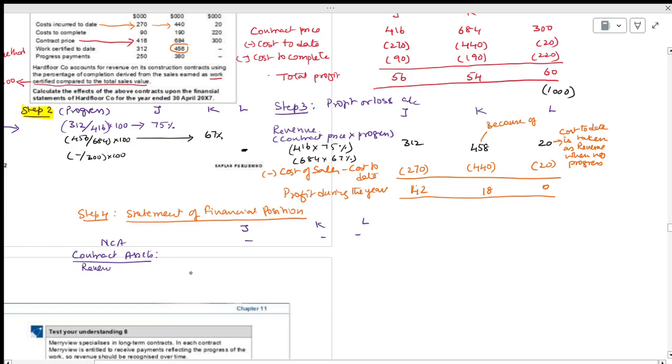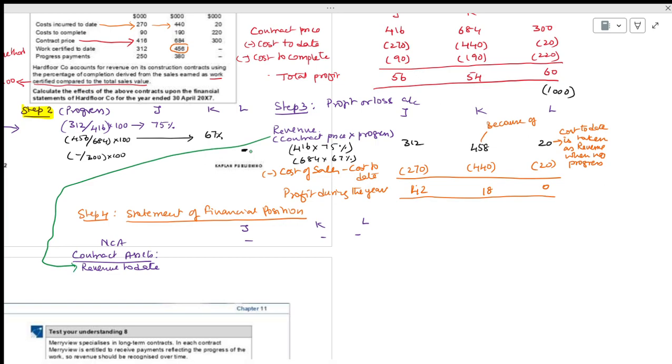How much is the revenue to date? Take step 3. We take it from here. Actually it is 456, we have rounded it off. 66.67%, okay, nothing will happen.